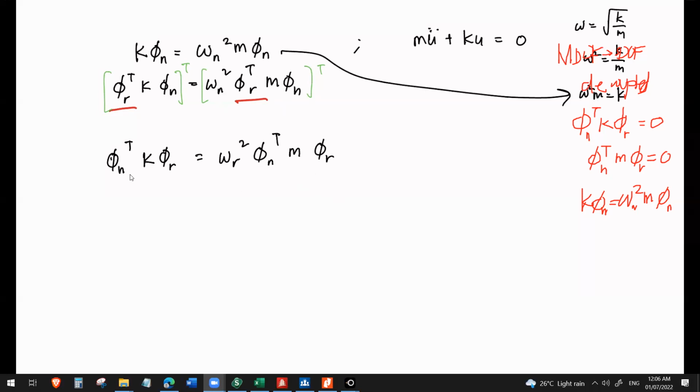Okay? And with that, this says something similar to this: phi n transpose k phi r is equal to 0.